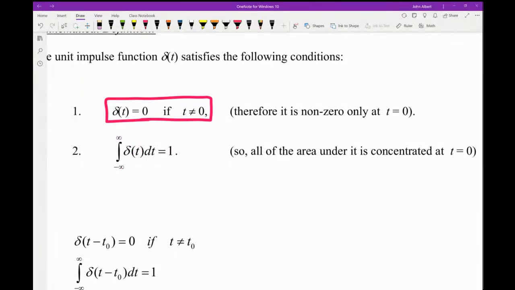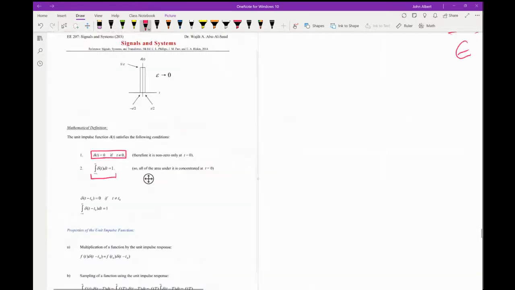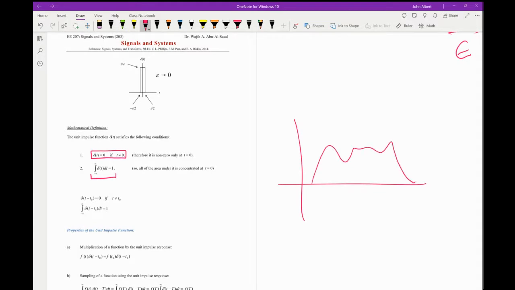such that if you integrate the unit impulse function from minus infinity to infinity, what are you doing? You're integrating 0 everywhere, except for one point, which happens to be at t equal to 0, which has all of the area of the unit impulse function. You see, when you integrate any function, you are finding how much area is under that function.